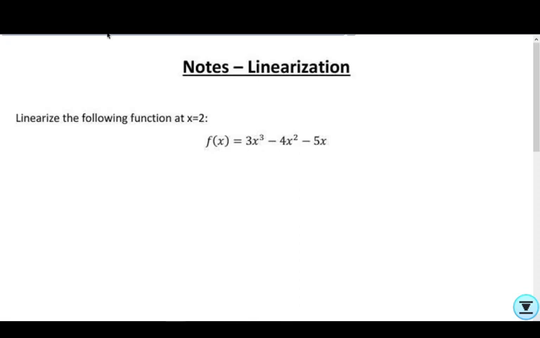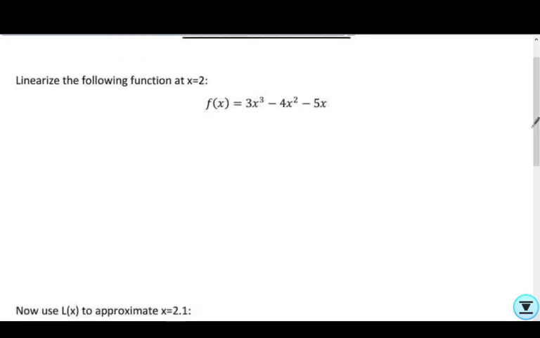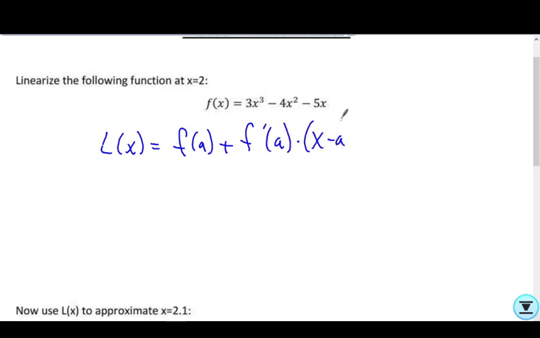Now, the linearization equation itself that we're basically going to be dealing with is L of x equals f of a plus f prime of a times x minus a.